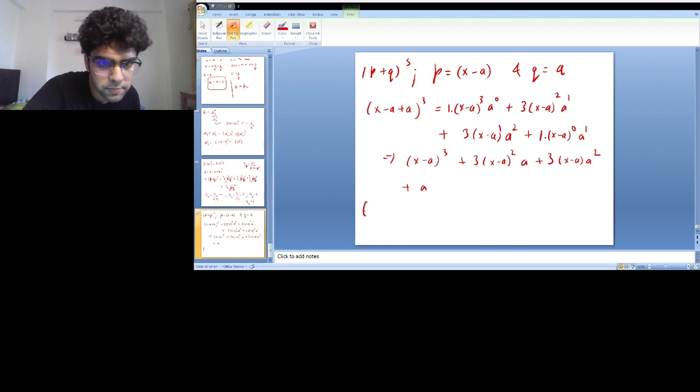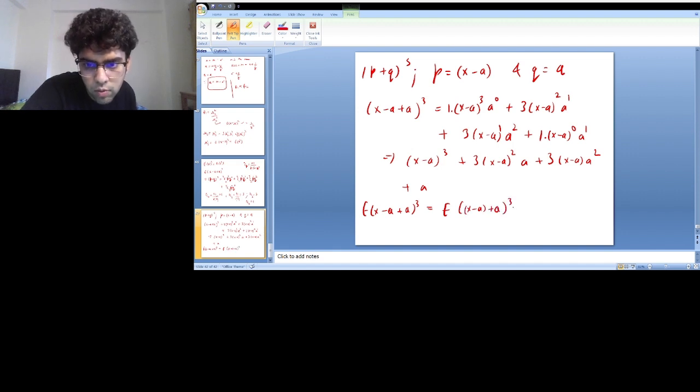So now just putting the expectation operator over this, E of (x minus a plus a) whole cube, right? So this gives me, I'm going to the next slide.